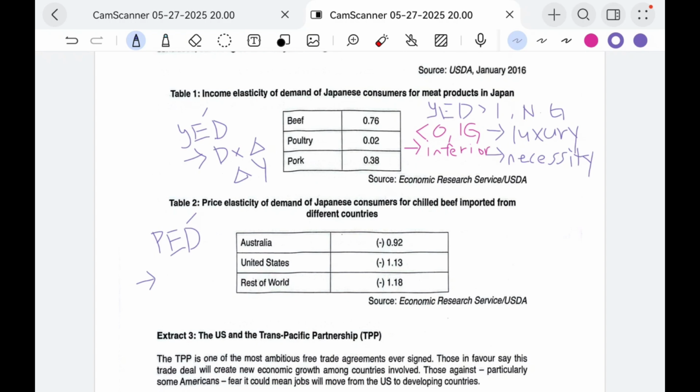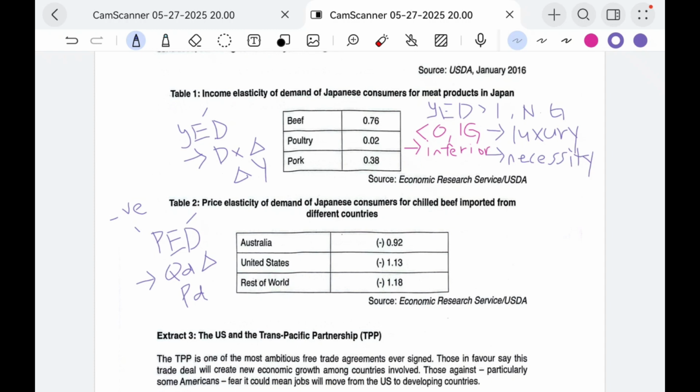This is regarding how the quantity demanded of a good changes when the price of the good changes. So for PED, this is less about positive or negative, but more about the magnitude, because PED is always negative. This is because it shows the relationship between price and quantity, and by the law of demand, the demand curve is a downward sloping line.